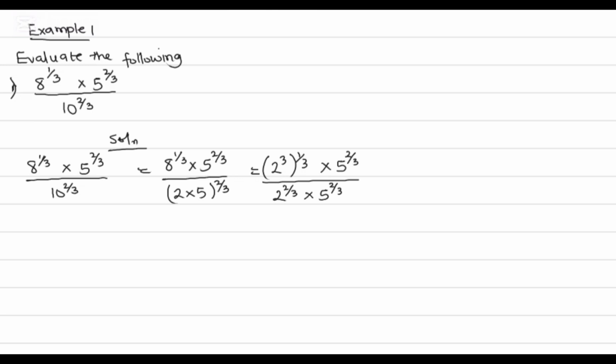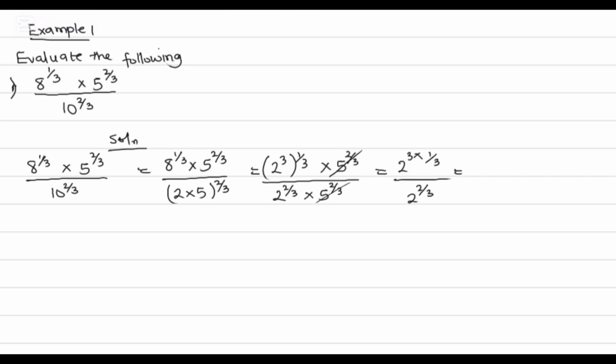I'm just applying the laws of indices now. And this can cancel out this because they are the same. So I'll be left with 2 raised to power 3 times 1 over 3, all over 2 raised to power 2 over 3.